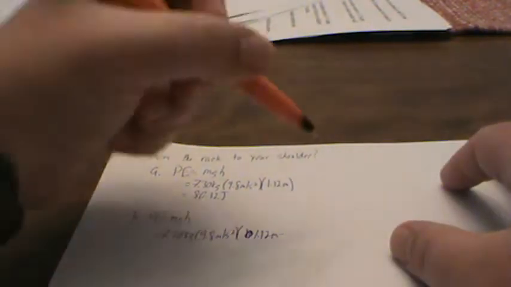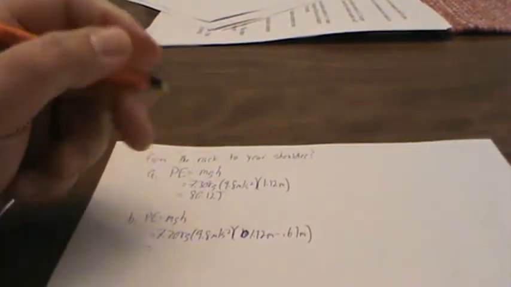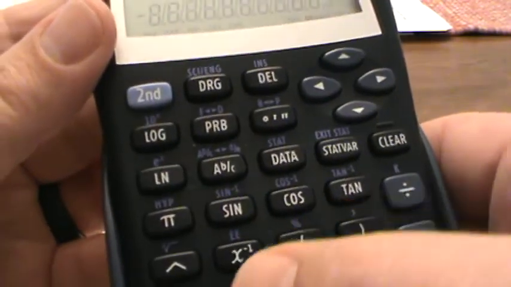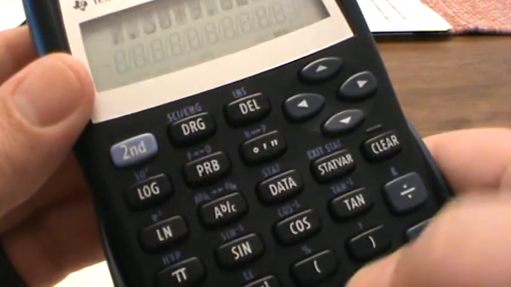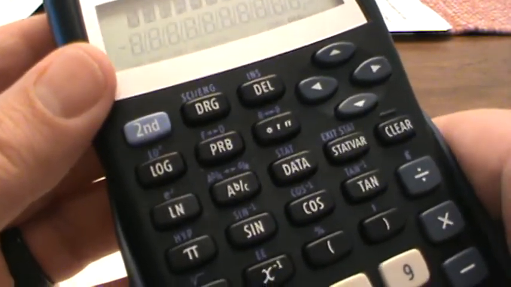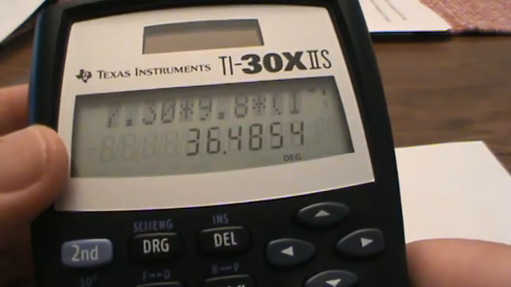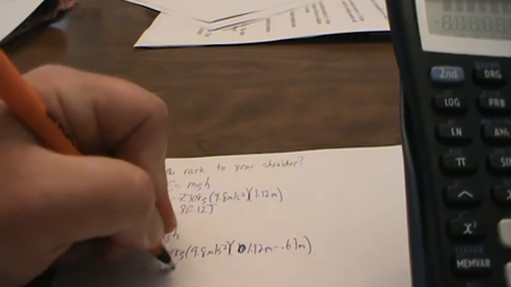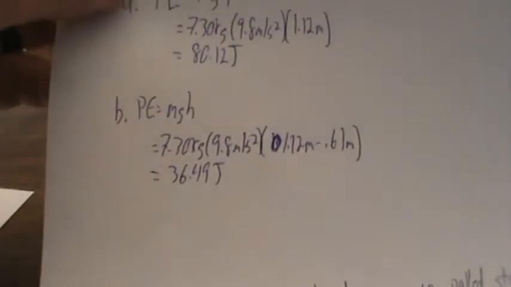So we take 1.12 minus 0.61 meters. 7.30 times 9.8 times (1.12 minus 0.61), and I'm coming up with right around 36.49 joules.